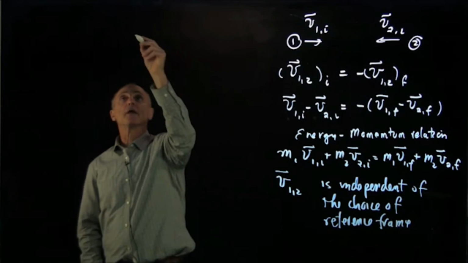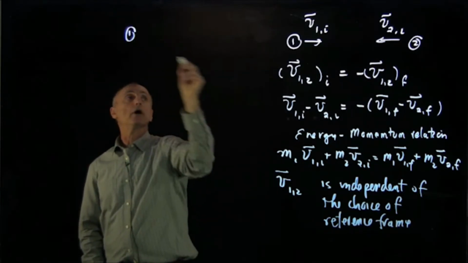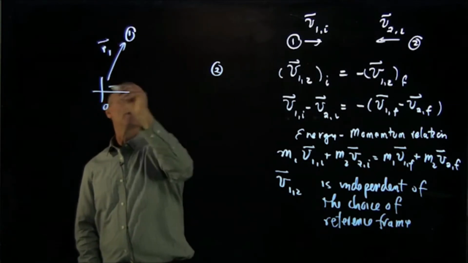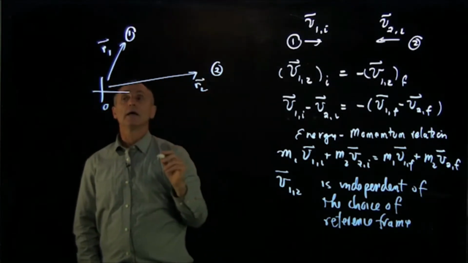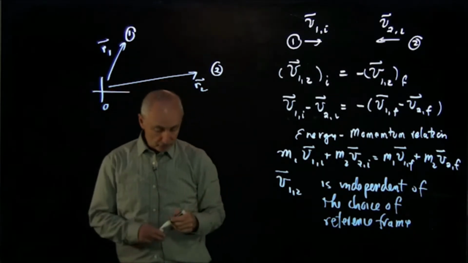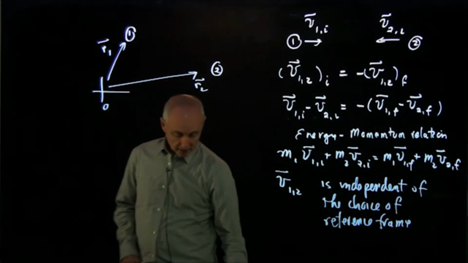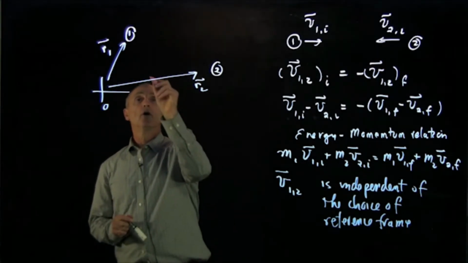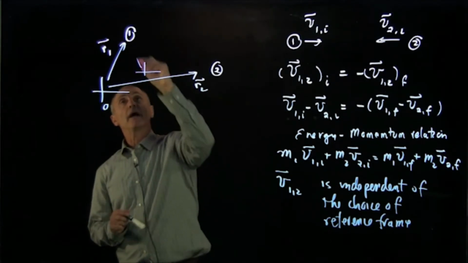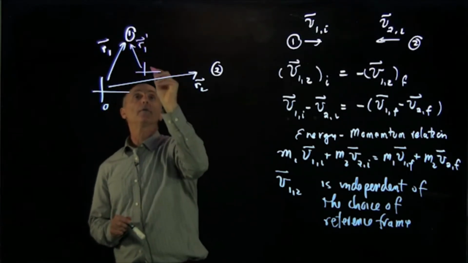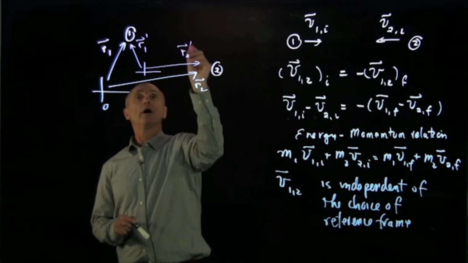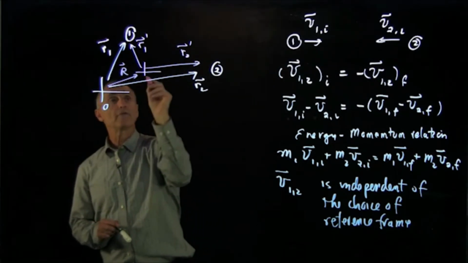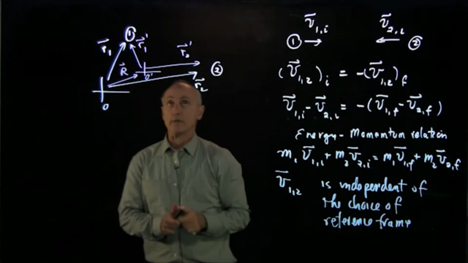So again, let's imagine that we have two particles, particle 1 and particle 2. We have some origin, R1 and R2. And now we want to choose another reference frame. So suppose that we pick a second reference frame, which has maybe some origin over here. And we have the vectors R1 prime and R2 prime, and the relative vector from the center of one reference frame to the center of the other reference frame.